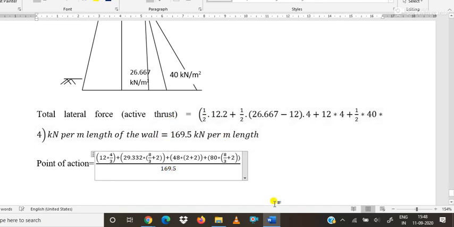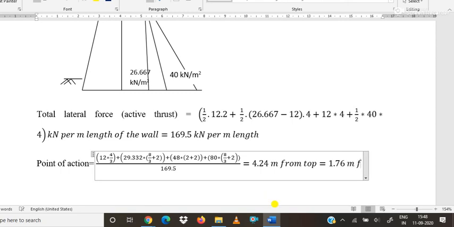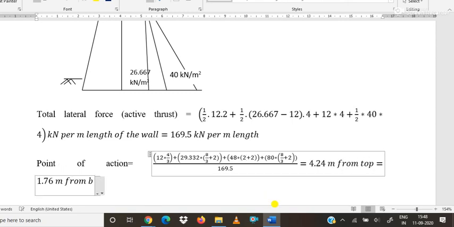This is the CG distance of this figure from the top, and you may calculate the value as 4.24 meter from the top, or from the bottom it is 1.76 meter from the bottom of the wall.